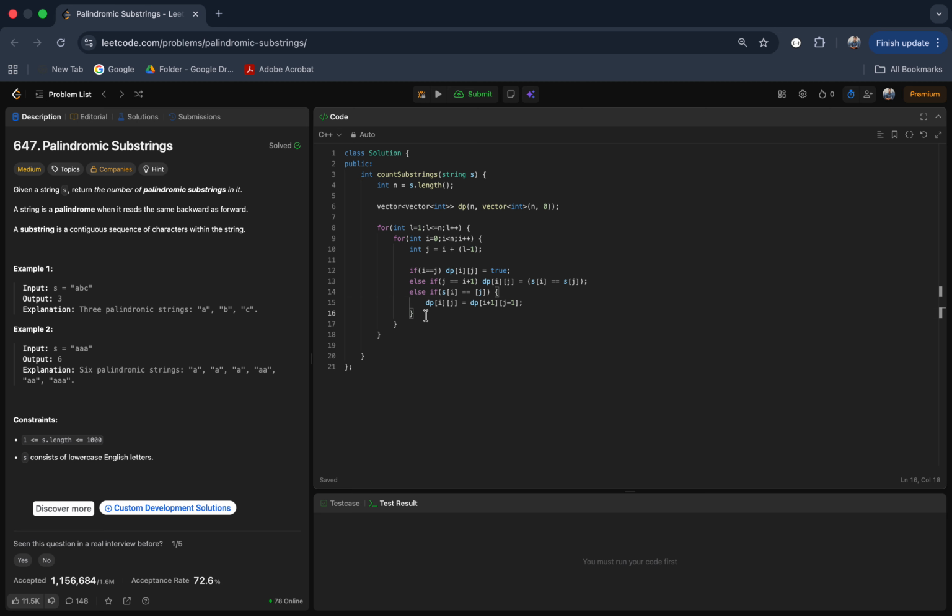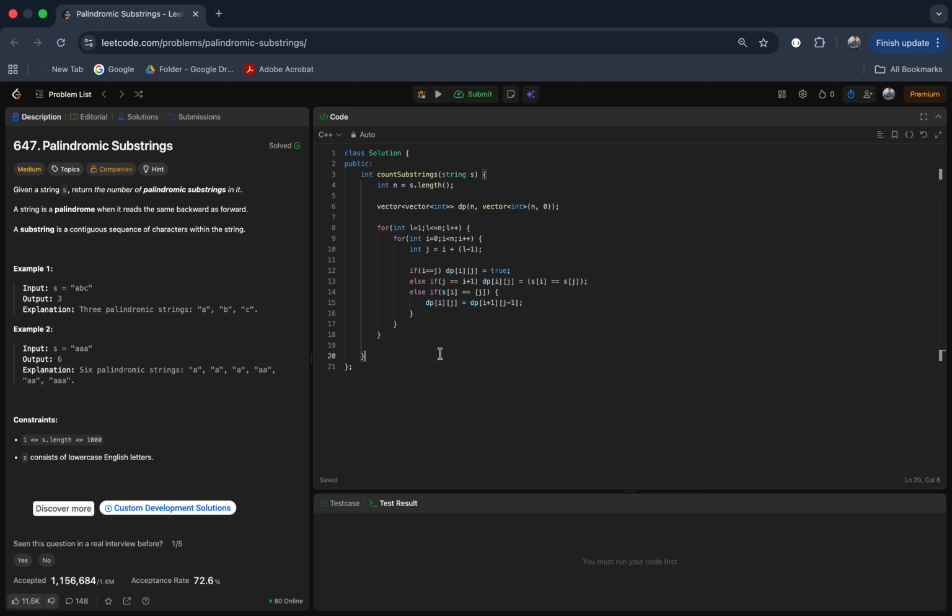Else we will have our false case. So from here we can consider all the substrings, and on all the substrings we can have our initial condition, and with respect to the initial condition we can compute all our palindromic substrings.